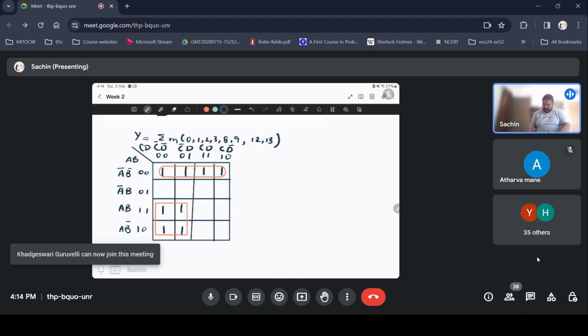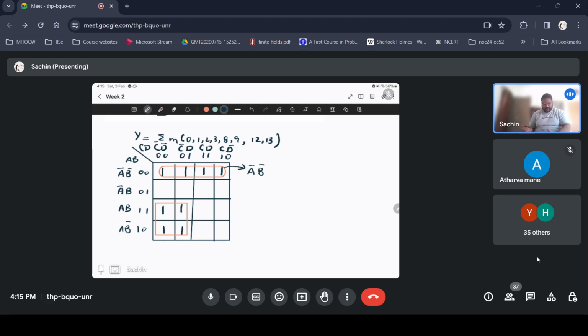Okay, now in the first group, the group at the top, we can see that a bar, b bar are constant, and c bar is changing to c in this transition, so that variable will be gone, and d changes to d bar here, so that variable will also be gone. So this top group represents a bar b bar.